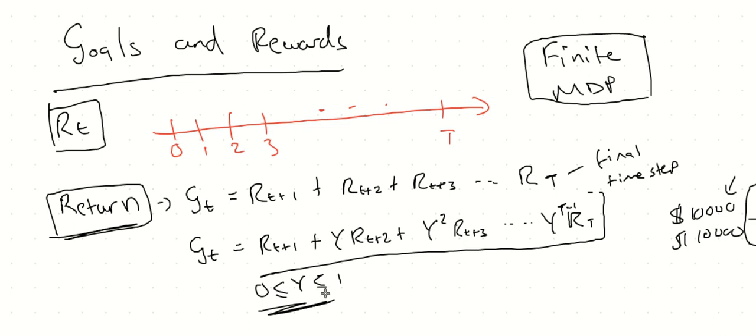So gamma is just a discount factor that shows that we care about immediate rewards more than we do about future rewards. And it's also important to discount our rewards in the case of infinite MDPs, because if we don't discount our rewards, then we'll never terminate our algorithms.